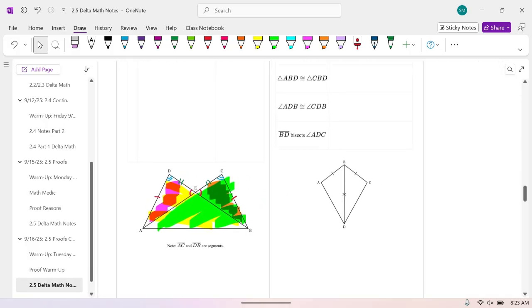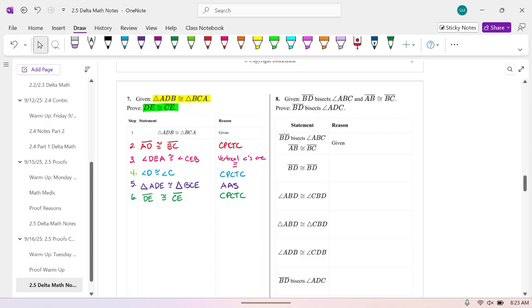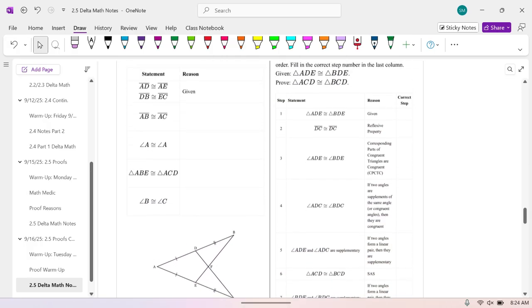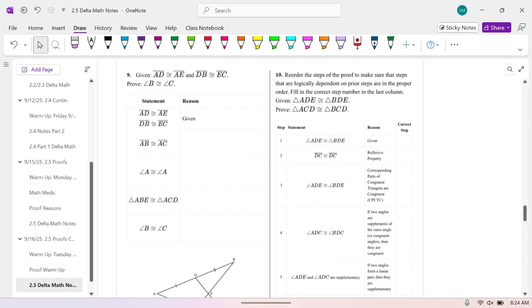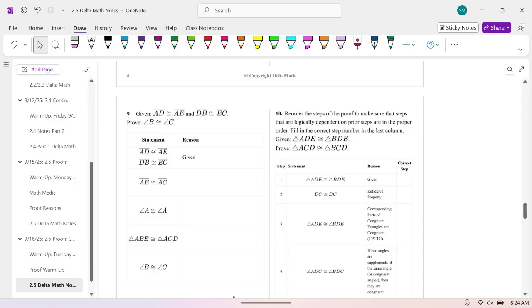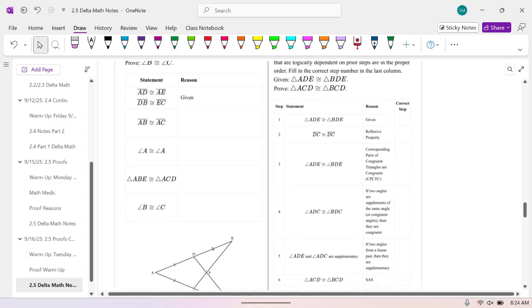All right, so now sometimes I'll give you a proof, but I'll tell you the statements, and then you just got to give me the reason why that's true. Okay, so let's look at number 9.